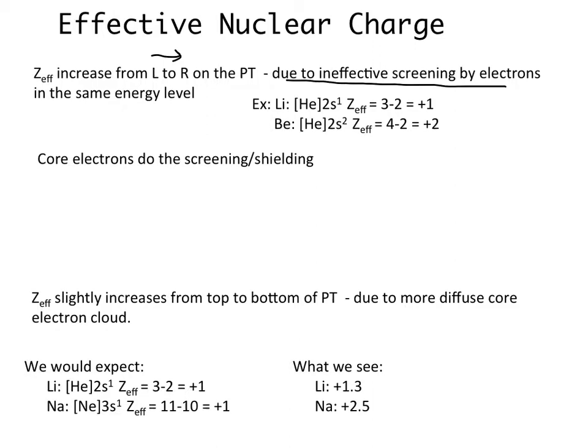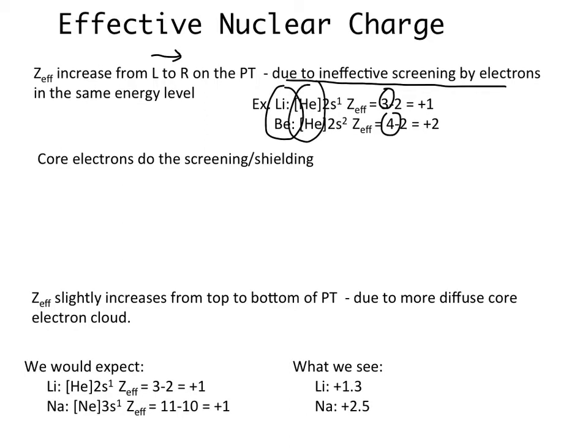If we look at something like lithium and beryllium, going from left to right in this situation, notice that the number of protons for lithium and beryllium are different. So when we plug in our Z values, our number of protons, those should be different values. Based on the calculations we've seen, our S value is determined by your core electrons.